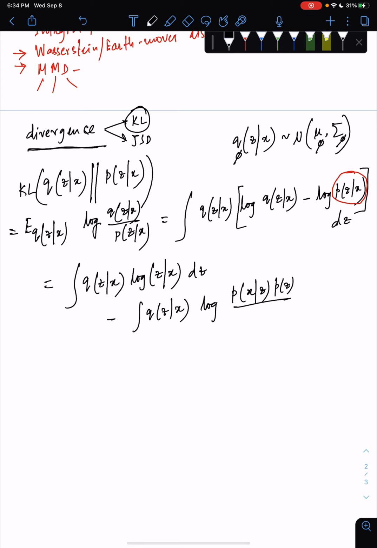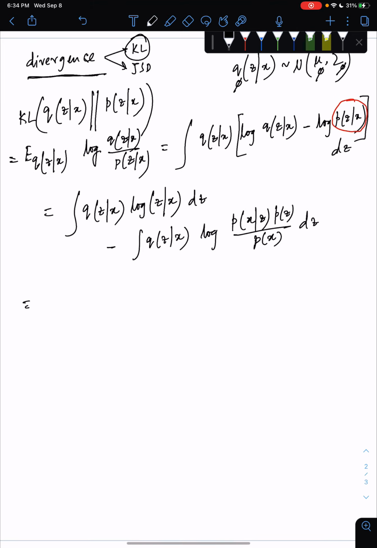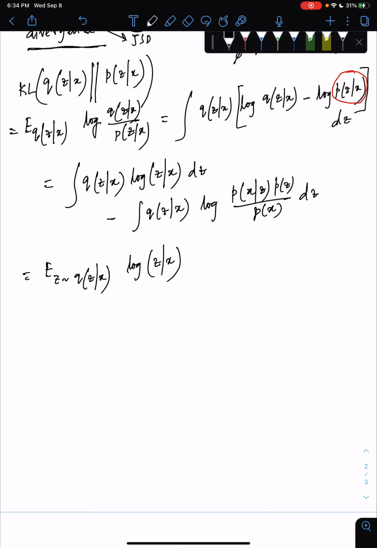This is an expectation where z is sampled from this probability distribution, and there is this negative sign.